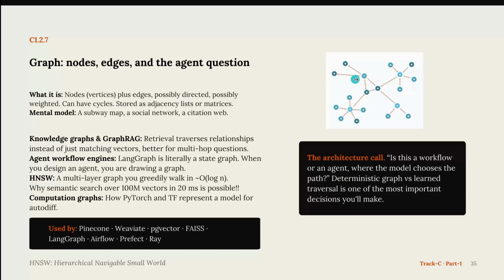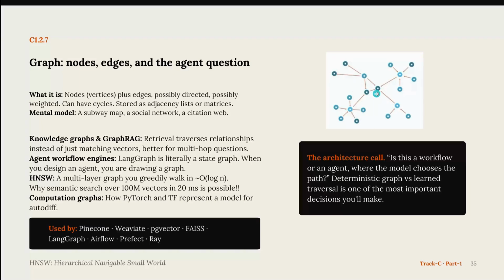We can create a graph saying that this person knows this person, and this person knows these two people, and these individuals know various other people. So like that we can create a graph, and they can have cyclic natures. That is, this person knows this person, this person knows this person, this person knows this person. Unlike a tree, which is a directed acyclic graph, that's what they call it, DAG, directed acyclic graph, your graph is a cyclic graph, as in it's cyclic in nature.